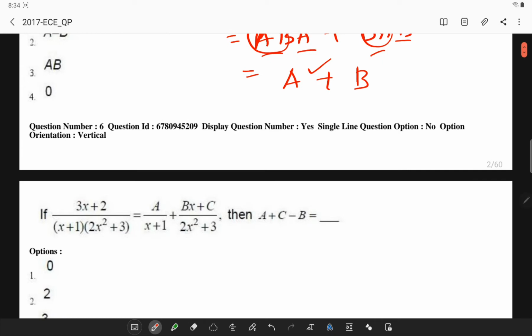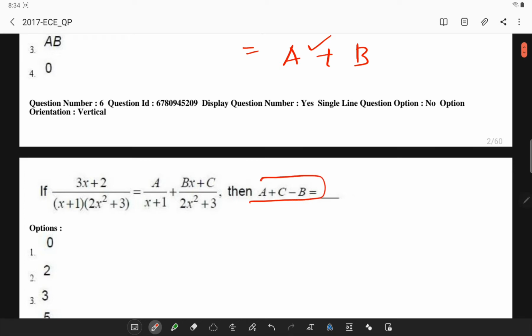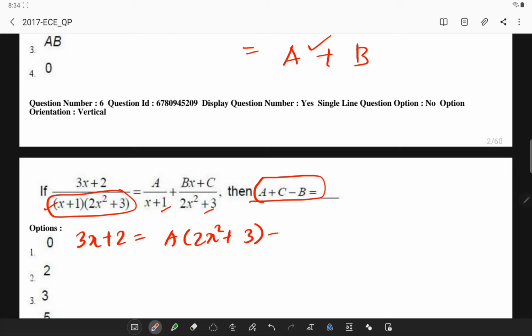Next, what is the value of A plus C minus B? So I will multiply both sides with x plus 1 into 2x square plus 3. So I will be left with 3x plus 2 is A into 2x square plus 3 plus Bx plus C into x plus 1.